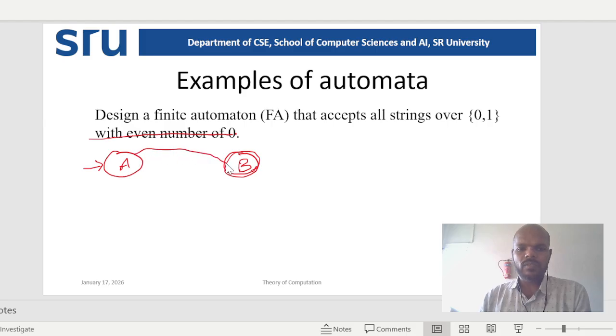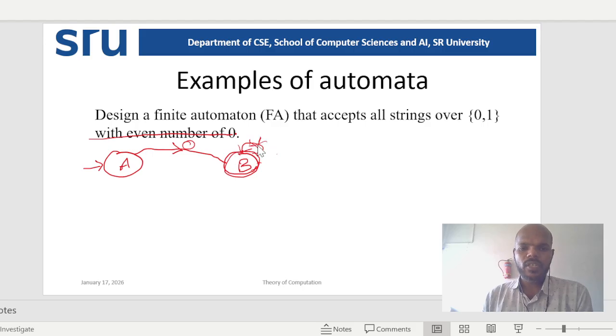Now you take this one, transition with 0. Check it: 1 0 is accepted, right. Now you take a self transition here with 1. Then what will be accepted? 0 will be accepted, and 1 also will be accepted. That means a string ending with 1 is also getting accepted.